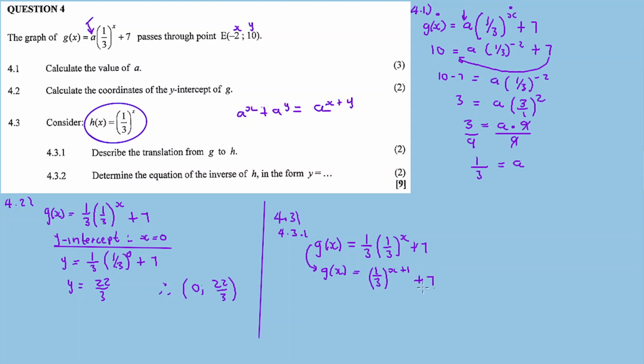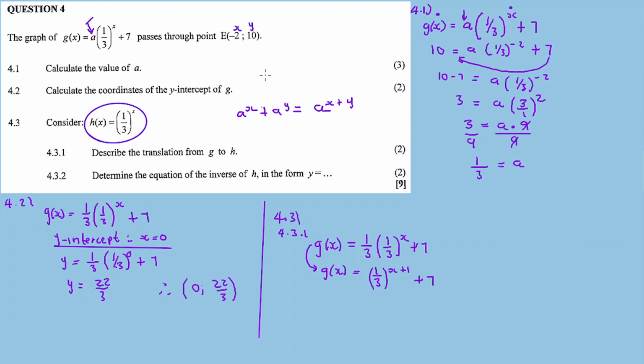This 7 tells me the graph moved 7 units up, and this plus 1 tells me this G was also moved 1 unit to the left. Basically, when adding we are moving to the left. If I'm subtracting, I'm moving to the right.